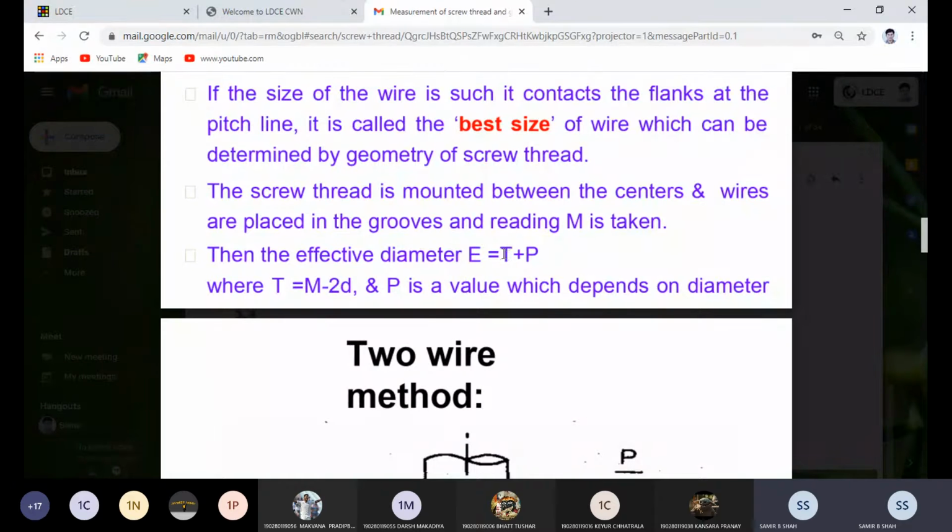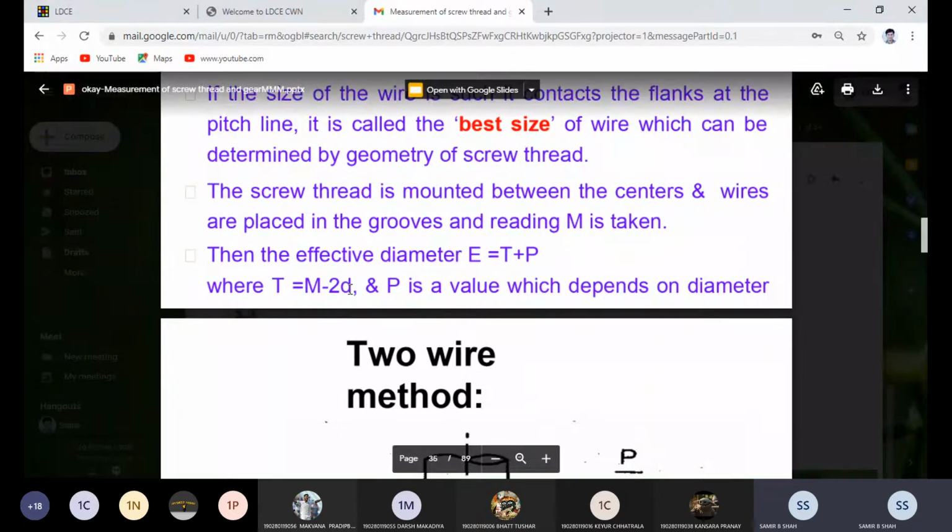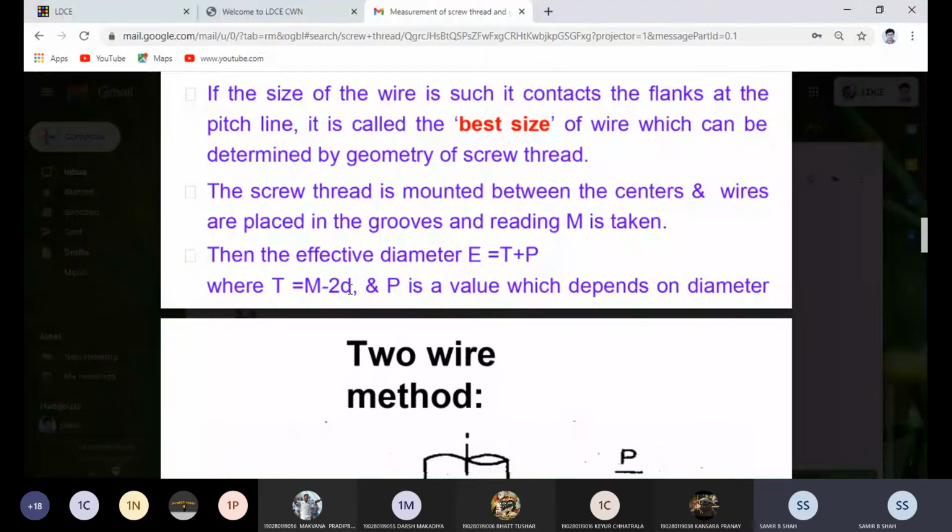Okay, Y means what? The dimension covered by the wires, which is equal to M minus 2D, that is, the dimension over the wires minus twice the diameter of the wire. Okay, you have to remember that.